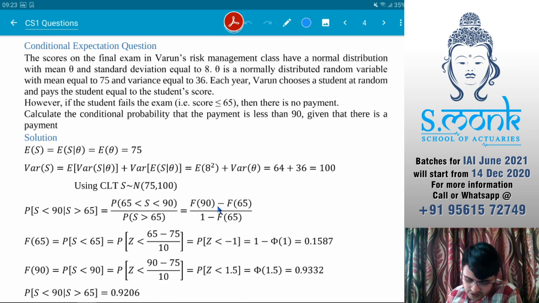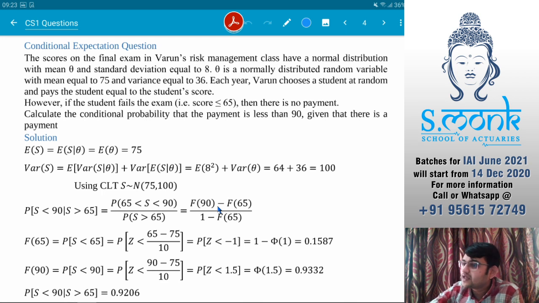Each year, Varun chooses a student at random and pays the student an amount equal to the student's score. However, if the student fails the examination, that is, scores less than 65, then there is no payment. Calculate the conditional probability that the payment is less than 90 given that there is a payment.